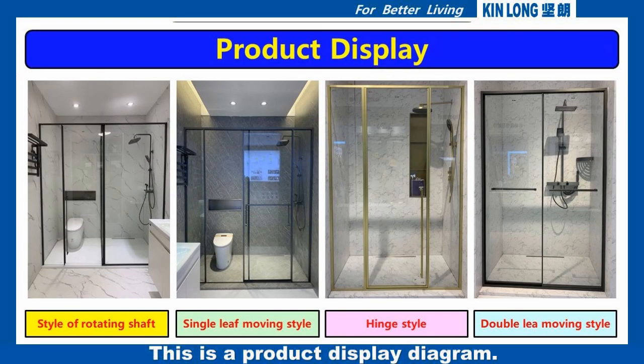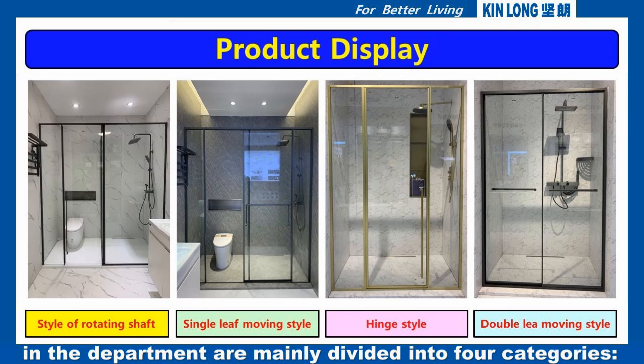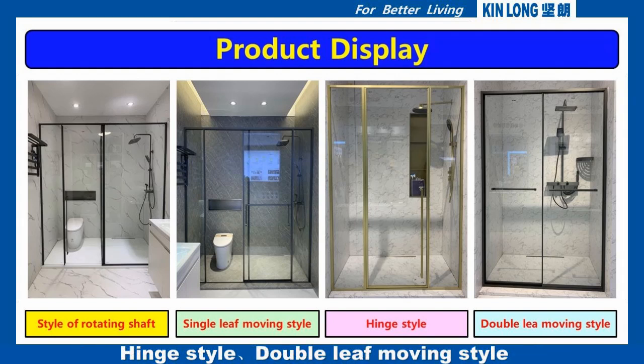This is a product display diagram. Currently, the high-end products of the shower room in the department are mainly divided into 4 categories: style of rotating shaft, single leaf moving style, hinge style, double leaf moving style.